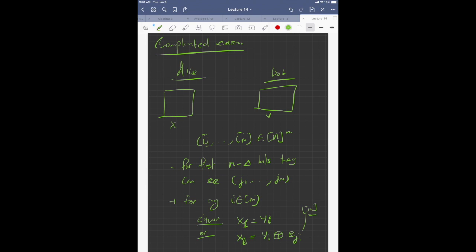There is this vector j1 to jm that they can see, and they're given the guarantee that their inputs either agree on a corresponding row, or they differ only on the position described by this vector j1 to jm.